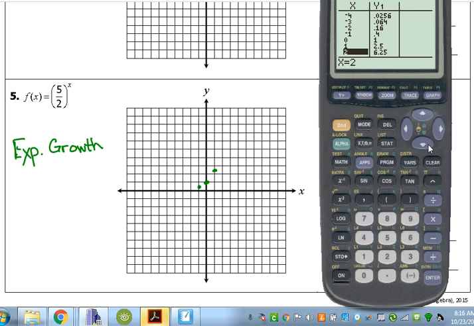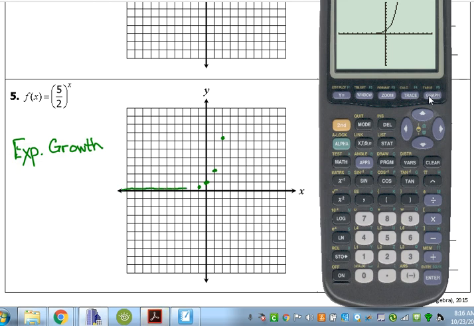At 2, 6.25. And at 3, I'm already off of my window. So this is all that I can accurately graph without typing in some decimal values.